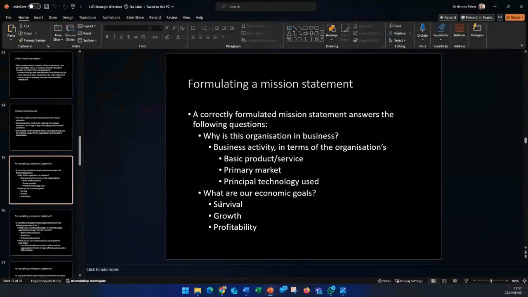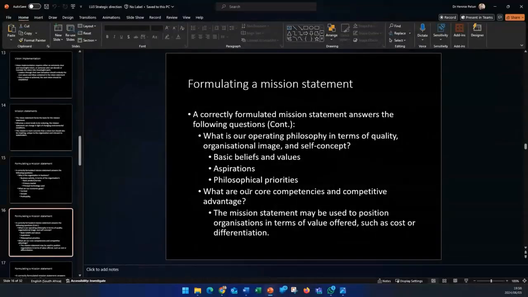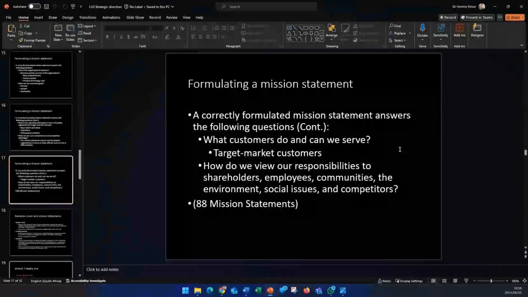And economic goals: please don't ever write profitability. Profitability is in bad taste to mention in a mission statement. Just talk about the intention to be around for a long time, to survive. Then, operating philosophy is how the organization wants to be viewed and how it views itself, and also what makes them unique from the competition, guys. And then, what customers do they serve?